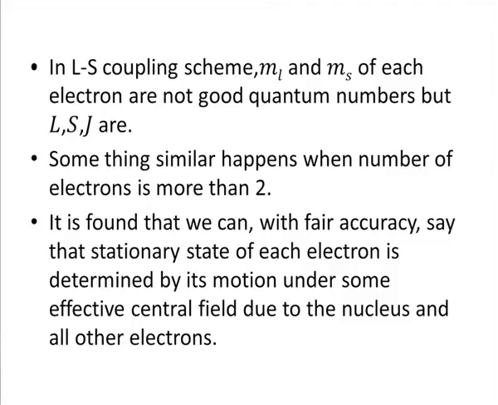It is found that we can, with fair accuracy, say that the stationary state of each electron is determined by its motion under some effective central field due to the nucleus and all other electrons.